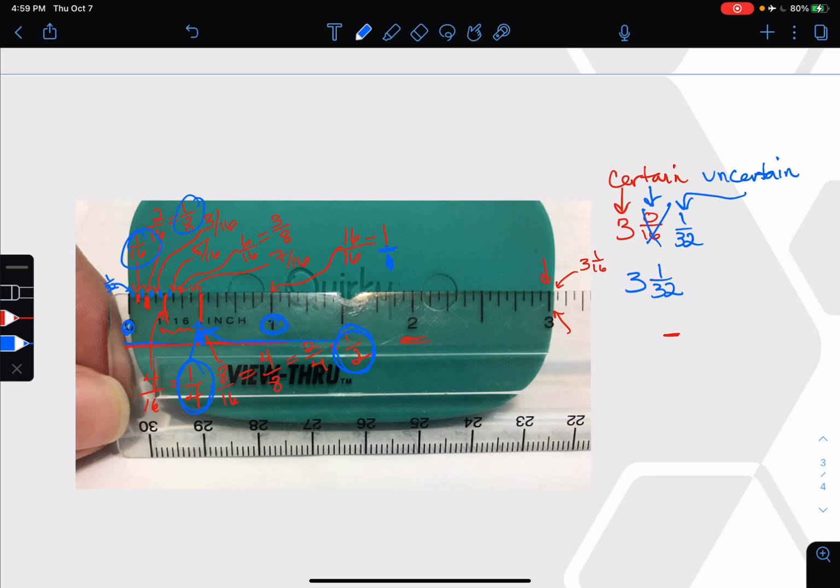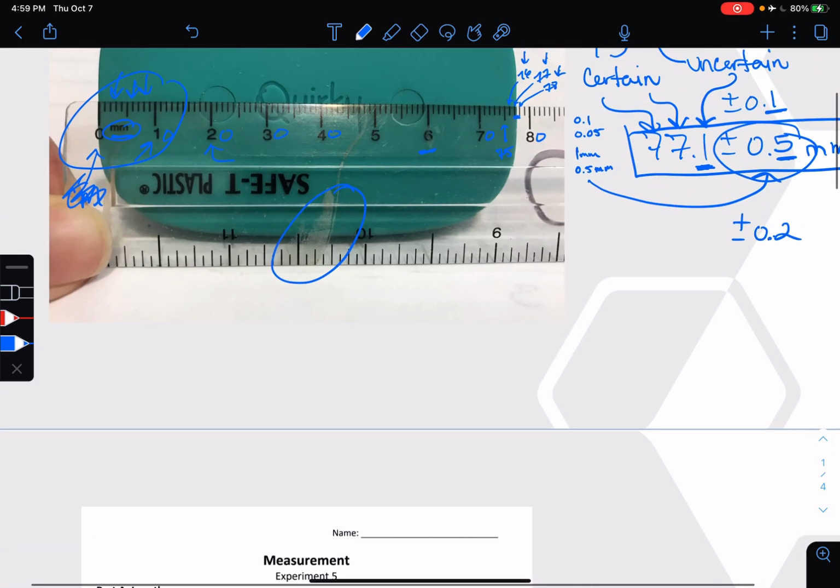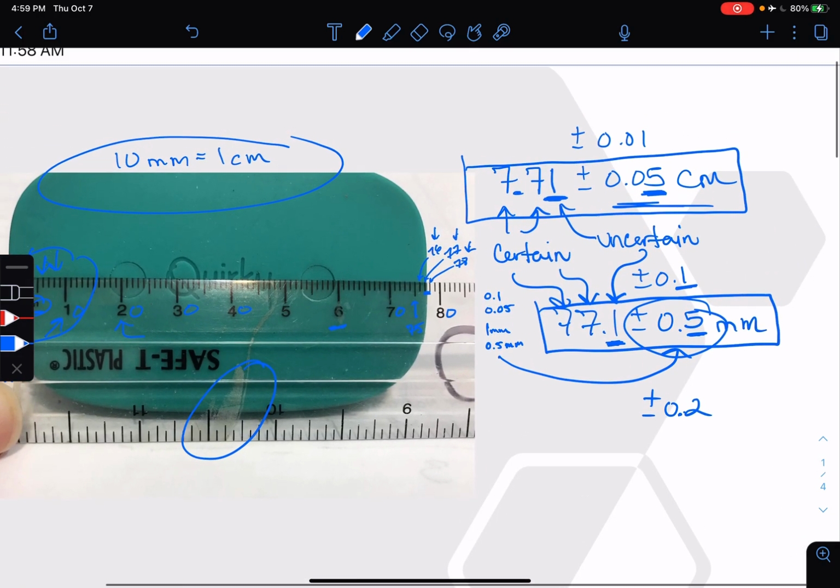Now, how sure are we? Well, I would go ahead and say plus or minus 1/32. Saying the 32nd here and here is the same thing as saying we're going to the hundredths column here and the hundredths column here, or the tenths column here and the tenths column there.